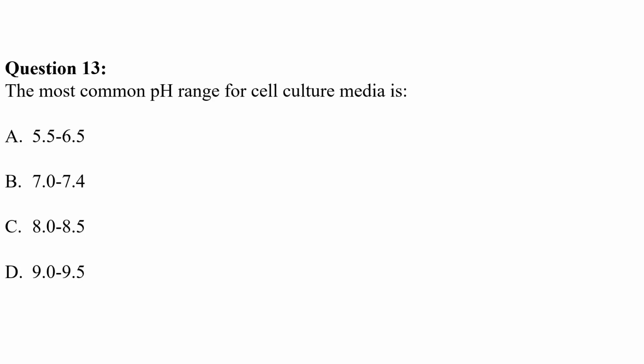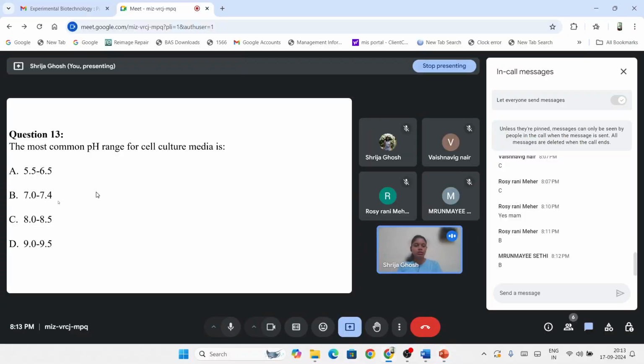And I have already explained how the pH is maintained by sodium bicarbonate and CO2 present in the medium. CO2 is provided through CO2 incubators, and sodium bicarbonate is already part of the DMEM media. So they both combine to make a buffering system where they are able to maintain the pH at 7.0 to 7.4, okay, in this range.